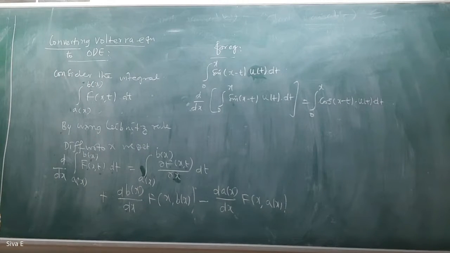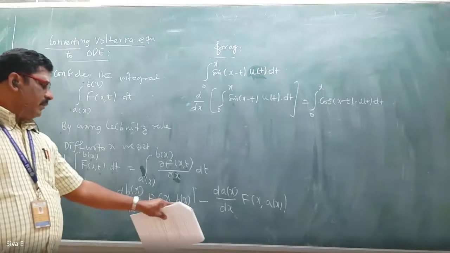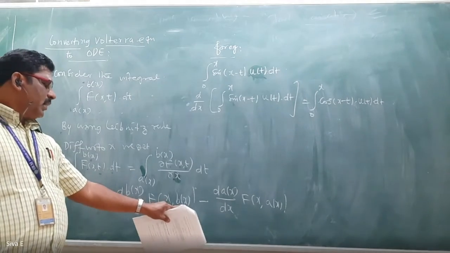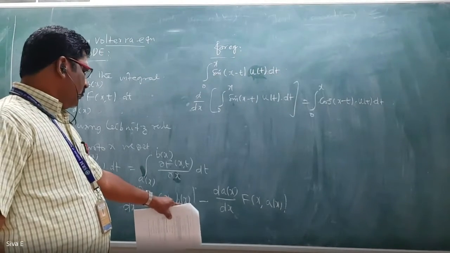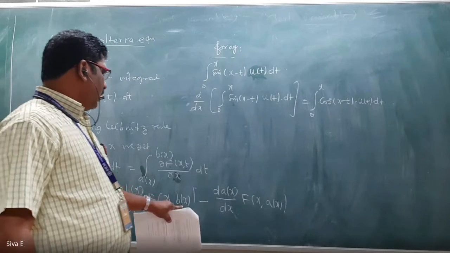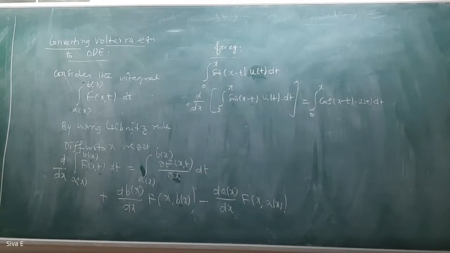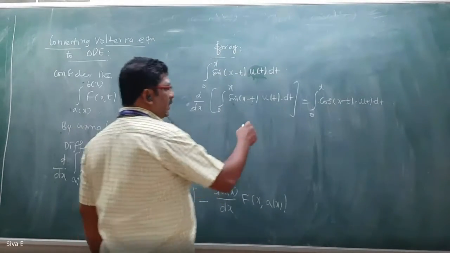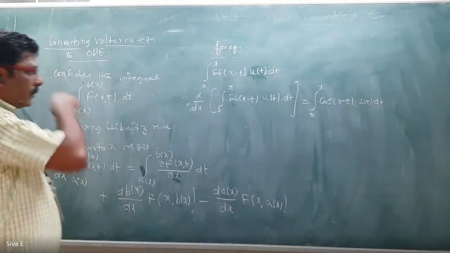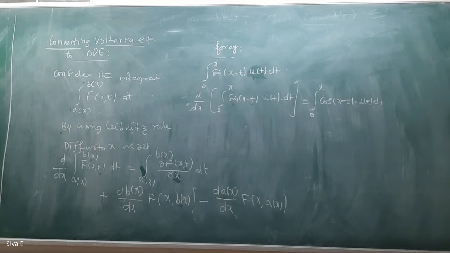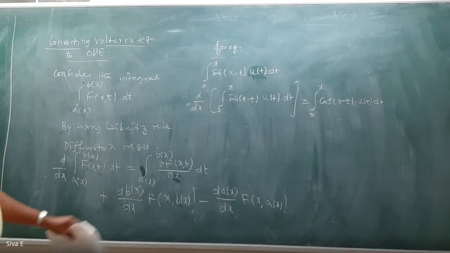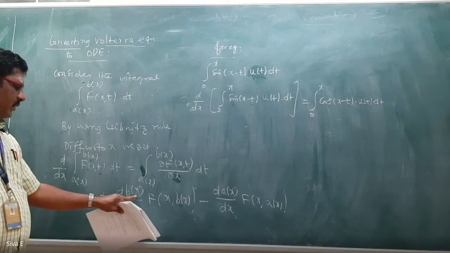Second term: what is the second term? x comma b of x. b of x is x. In the place of t, you have to substitute x. First you differentiate b of x with respect to x.